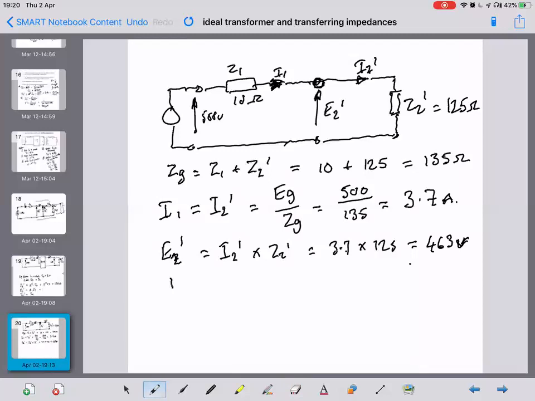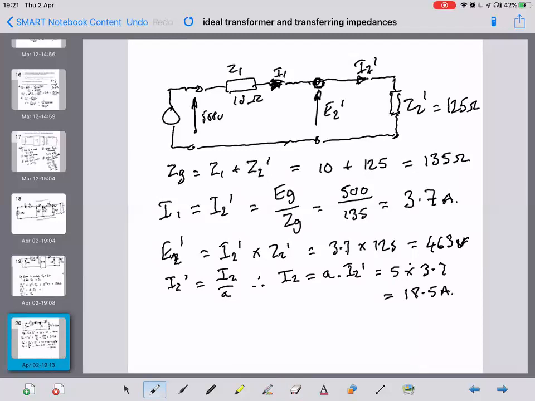We said that I2 dash was equal to I2 over A. Therefore, I2 must equal A times I2 dash. That's 5 times 3.7 equals 18.5 amps.